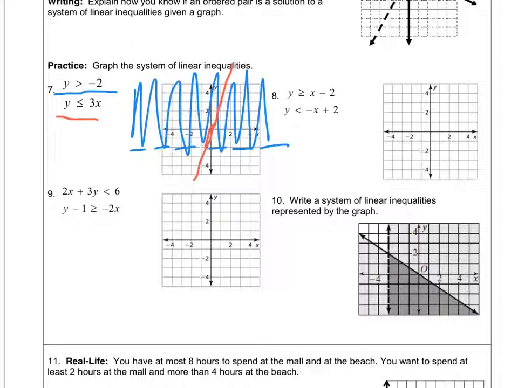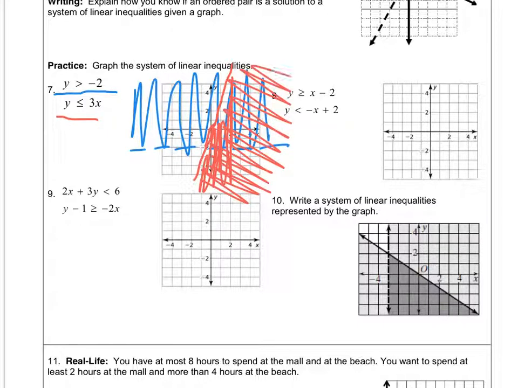But if I put my pencil on the solid line and draw a line straight down, that shows me that I'm going to be shading everything on this side of my line. So I can really see that my solution is everything in this double shaded area. I'm going to double shade it in purple so we can see for sure that that's the double shaded area. So that's my solution.